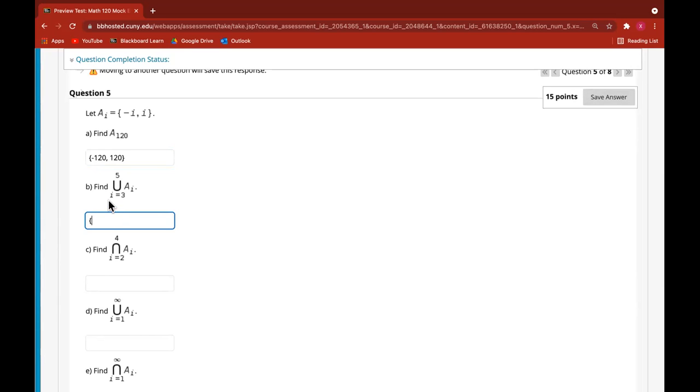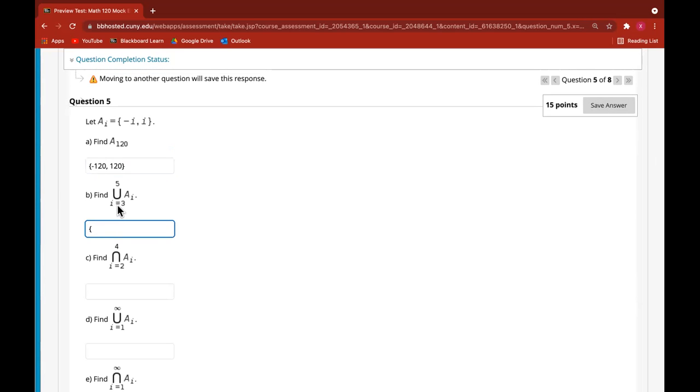Then the union from i=3 to 5 means you have negative 3 and 3, negative 4 and 4, and negative 5 and 5. So you have -5, -4, -3, 3, 4, and 5. So you take the union of them.